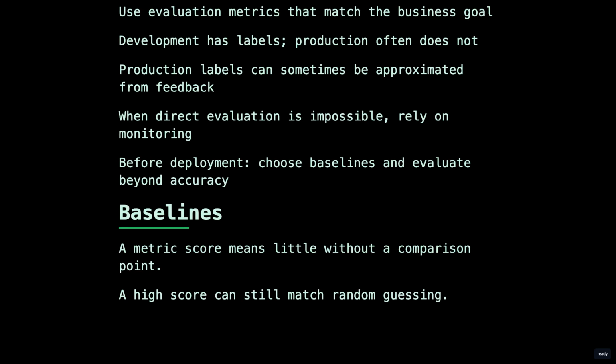Class imbalance can make a score look good even when the model is doing almost nothing. If one class dominates the data, a model that mostly predicts that class can achieve a deceptively strong F1. So the baseline tells you whether the result has real value.